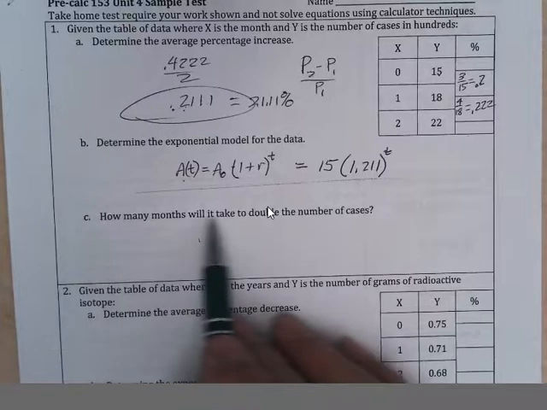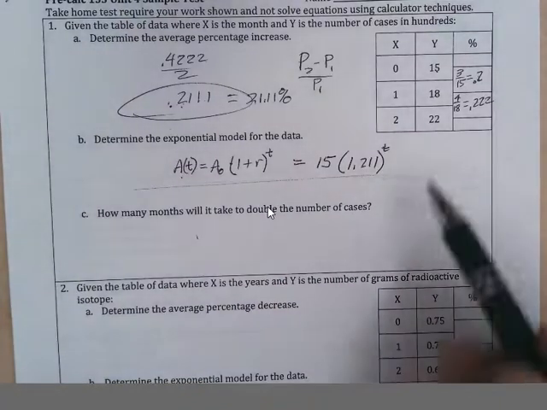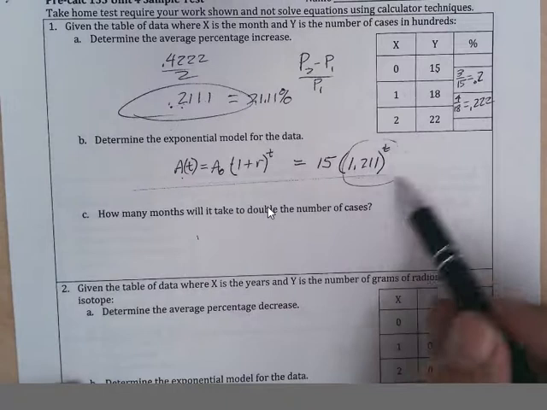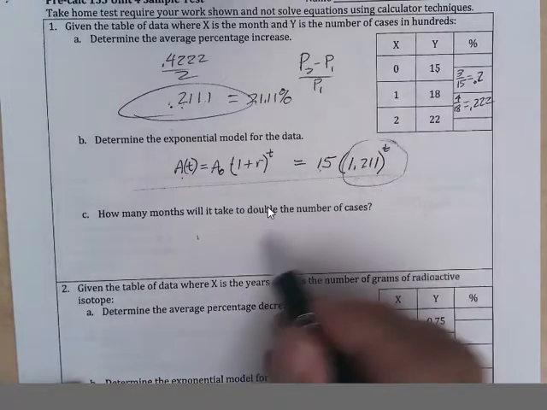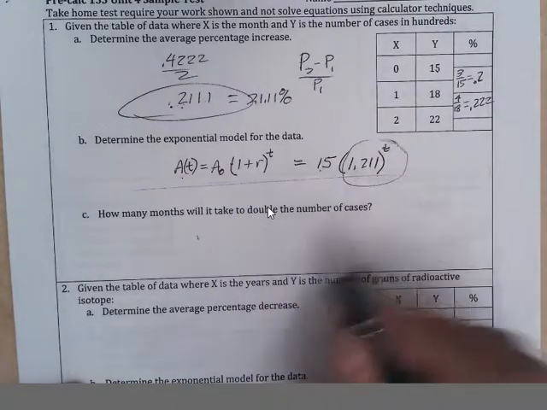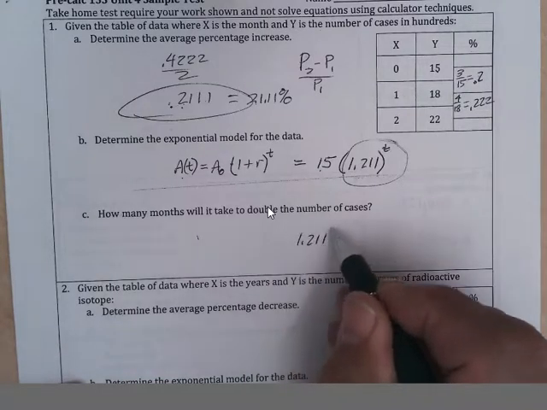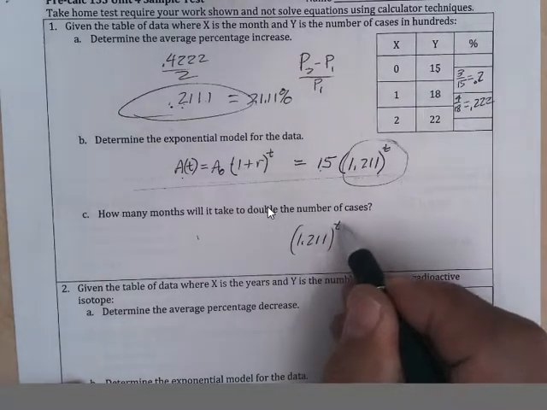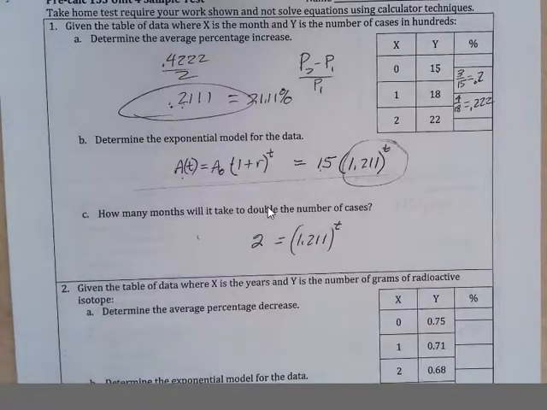How many months would it take to double the number of cases? So to double, this has to be 2 times how much there was. So we're trying to solve when 1.211 to the t equals 2, twice as much.